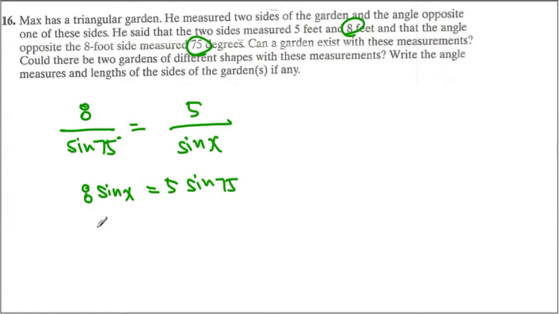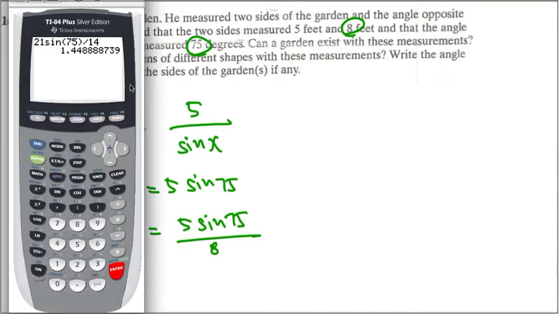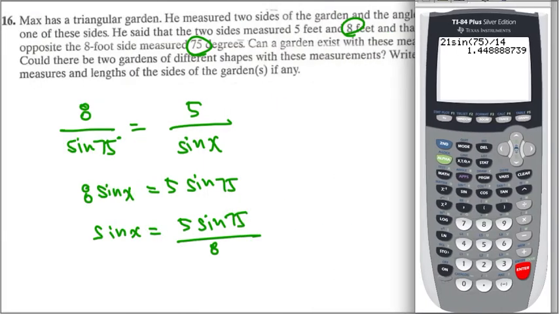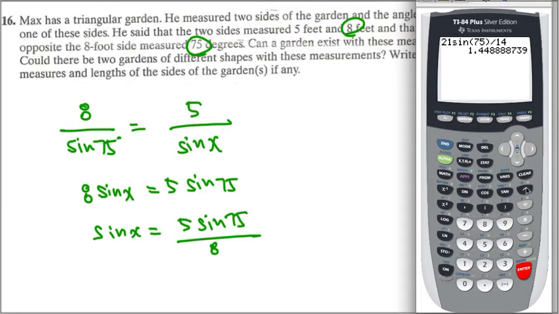Now by dividing it by 8, we get sine of x is equal to 5 sine of 75 divided by 8. Let us put that into the calculator. Five sine of 75 divided by 8. Then we get something like this.